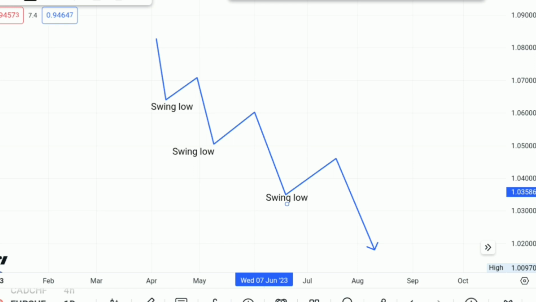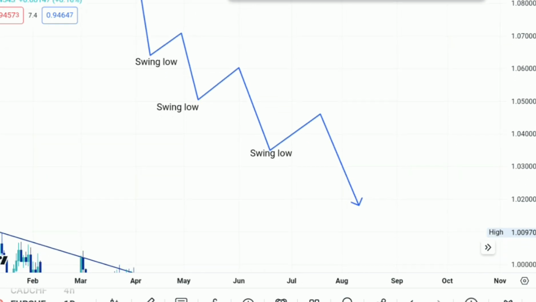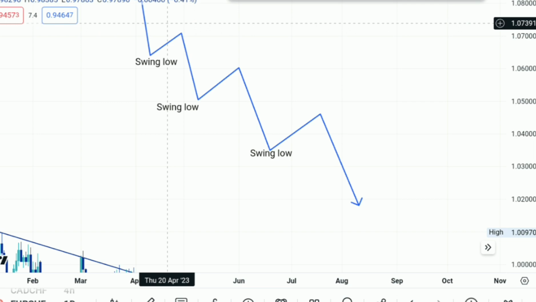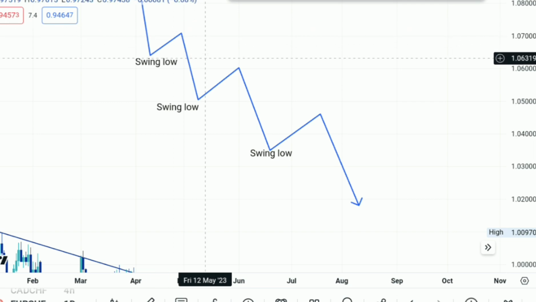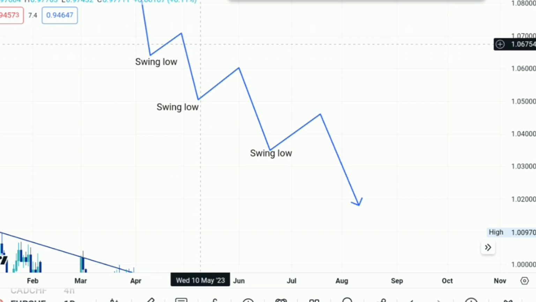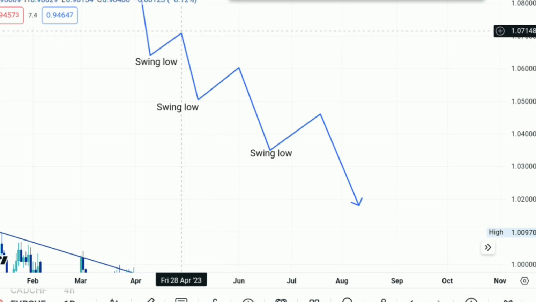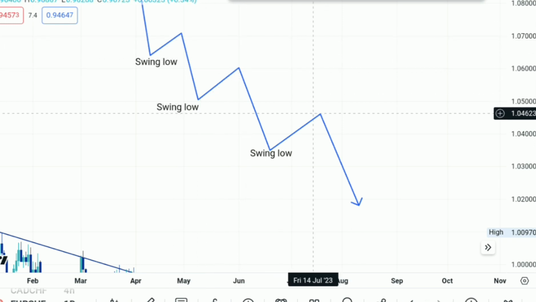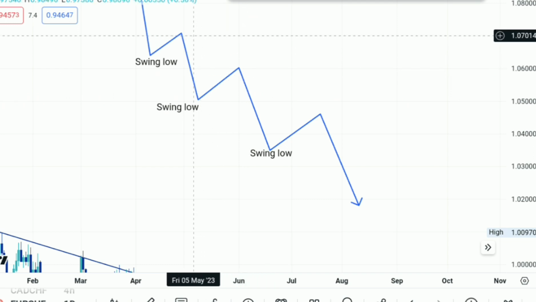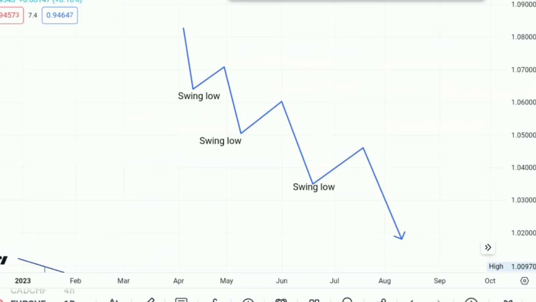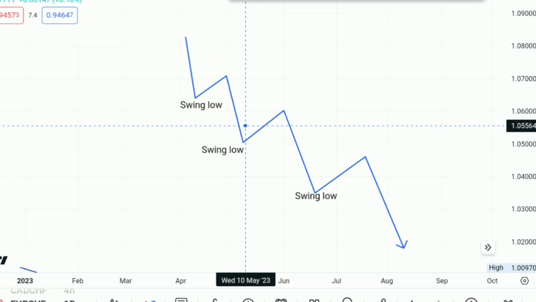And at the top of each pullback before a run begins, this is what we call a swing high. Let me write it down again.